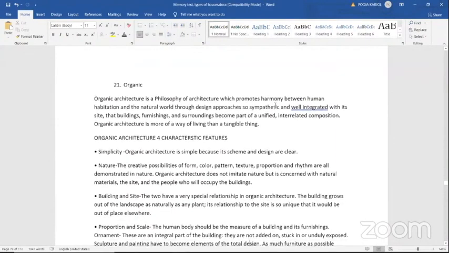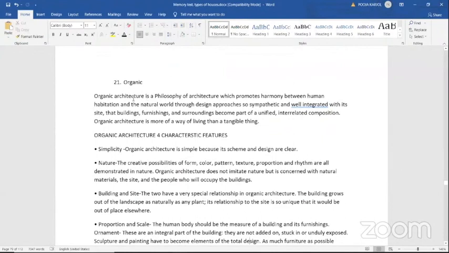Next is organic. Organic architecture is a philosophy of architecture which promotes harmony between human habitation and the natural world through design approaches so sympathetic and well integrated with its site that buildings, furnishings, and surroundings become part of a unified, interrelated composition. Organic architecture is not exactly an architecture style, because it is more of a way of living.